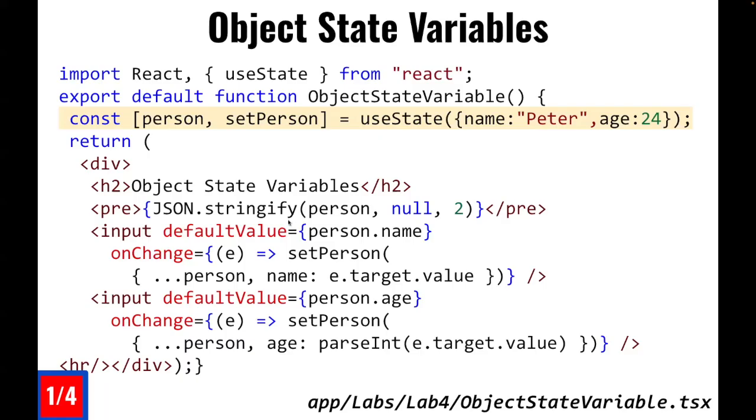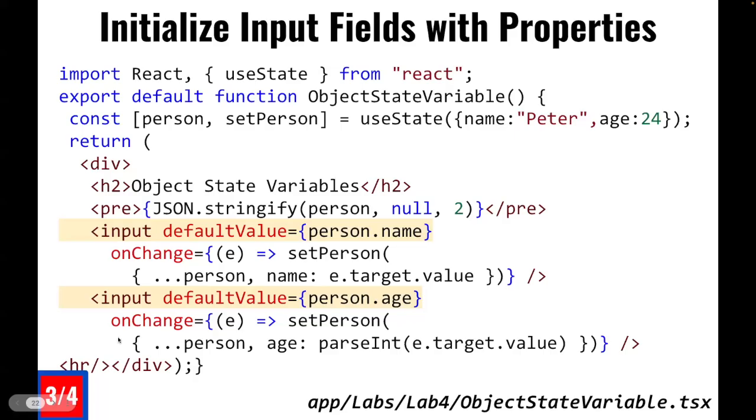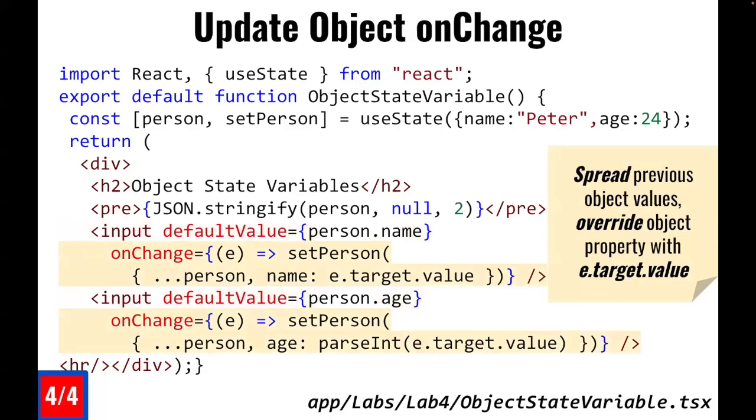Great. So what we're doing here is that there are two properties, and we have two input fields, one for each property, right? One is displaying the name and the other one is displaying the age. Yes, makes sense, right? And we can modify each property individually with dedicated input fields, right? And the way we do that is by using onChange, right?